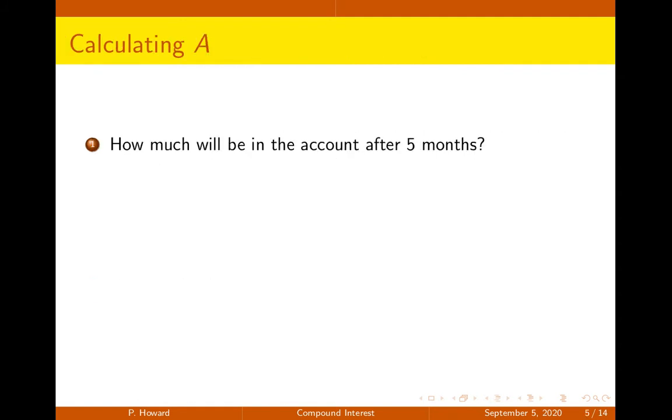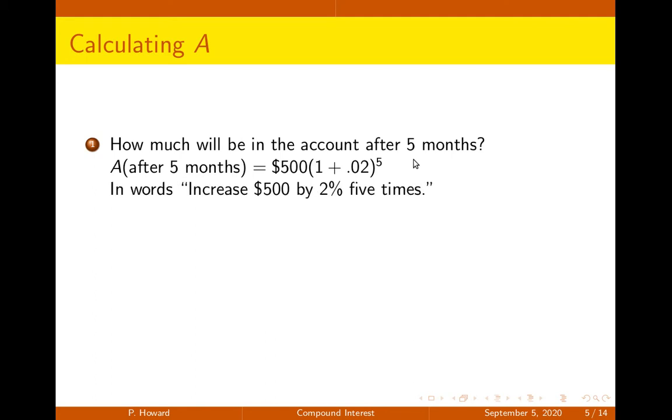Let's do a little more calculating. How much will be in the account after 5 months? Well, 500 times 1 plus 0.02 to the fifth. We want to increase the 500 by 2% 5 times, one for each of the 5 months.